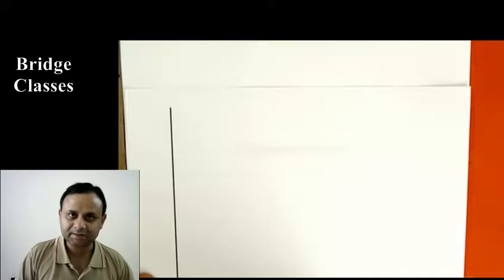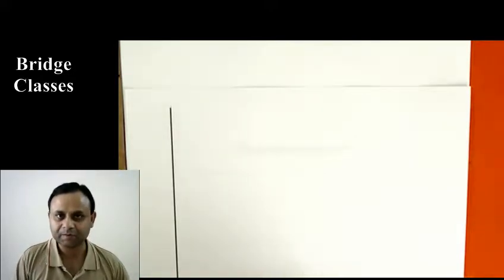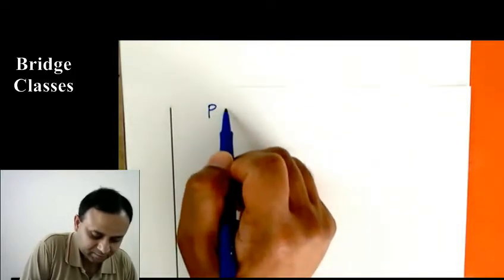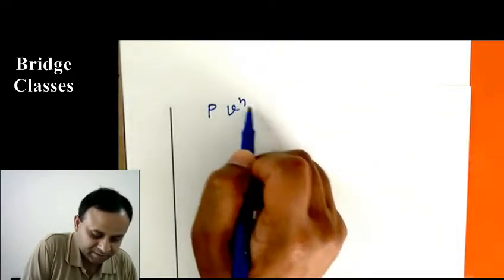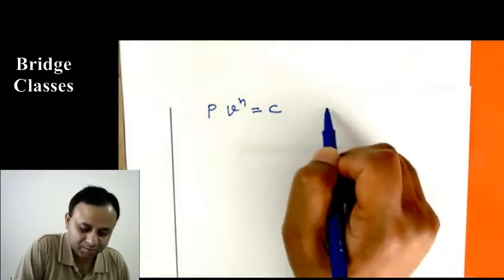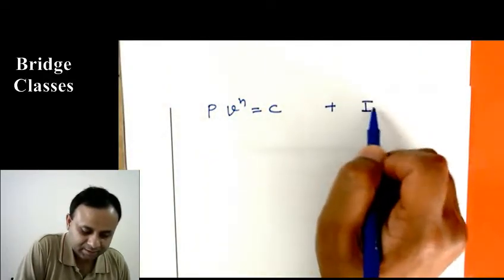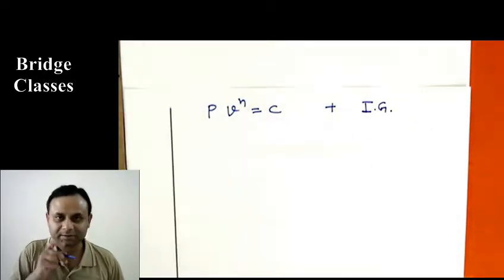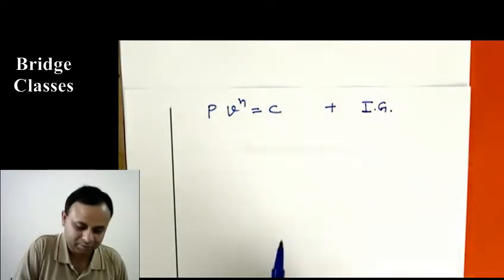And one final thing is, again, if it is polytropic and also an ideal gas, then this relation, PV^n is constant, applies. Then we can manipulate it further. I'm going to show you that.